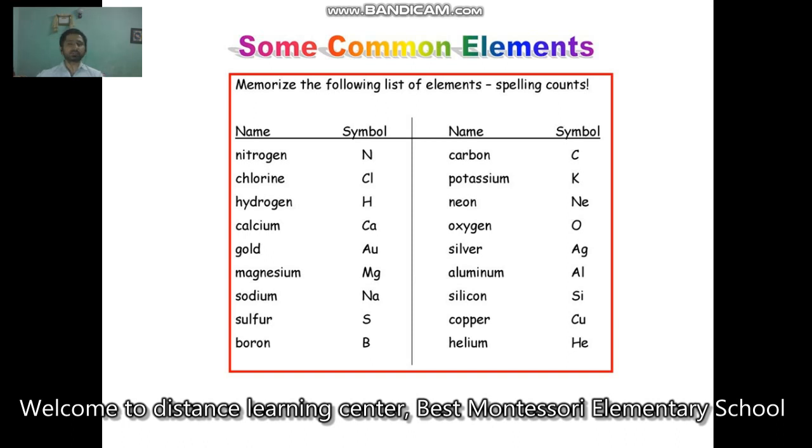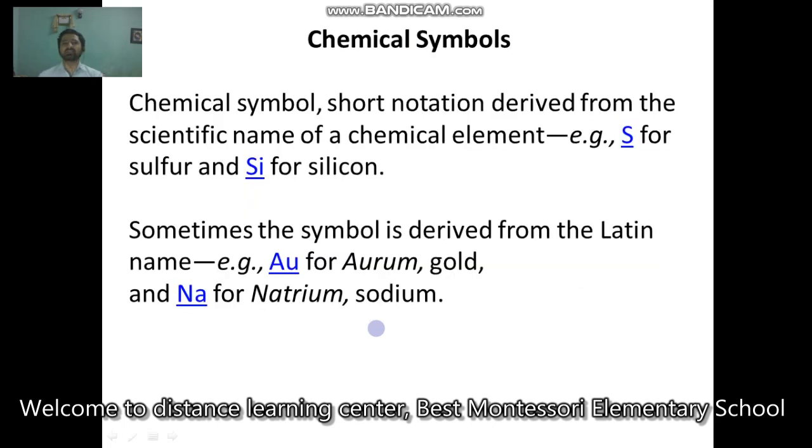Now in this data, there are symbols. For example, capital N stands for nitrogen, Cl for chlorine, H for hydrogen. These are the chemical symbols of chemical elements. Simply we can say symbols of the elements. Now what are symbols? Actually they are the short form, the abbreviated form.